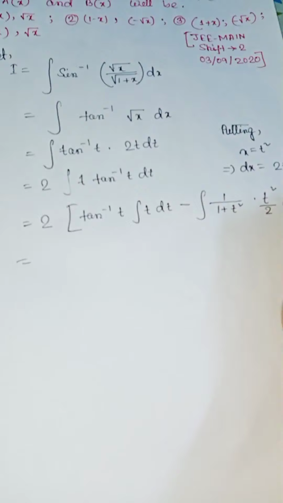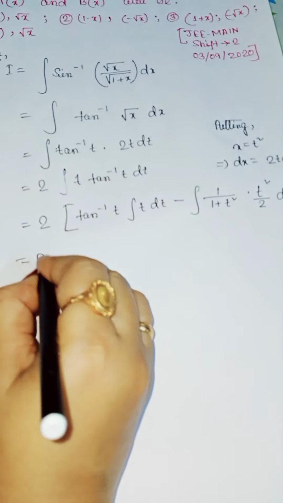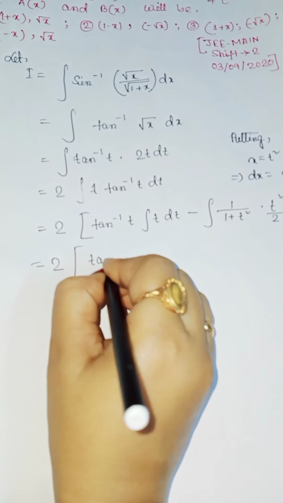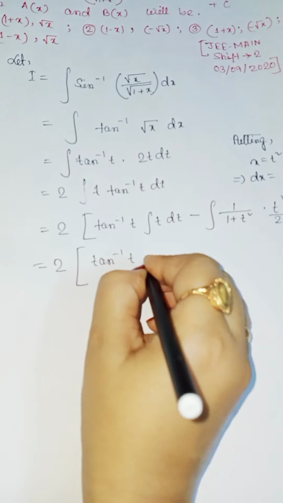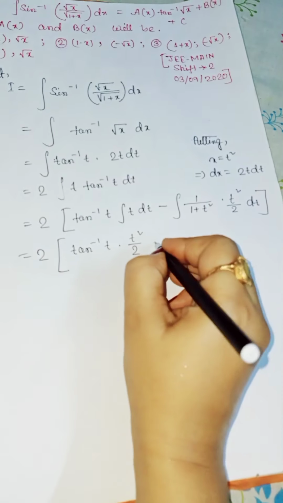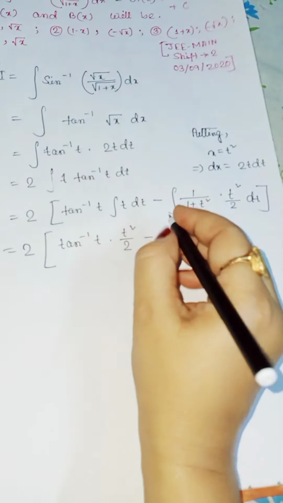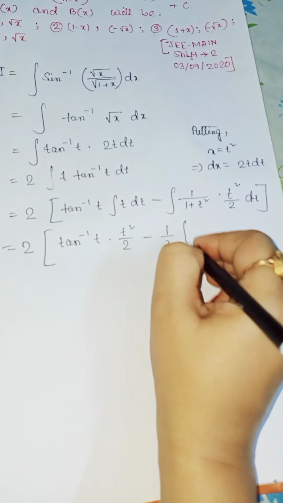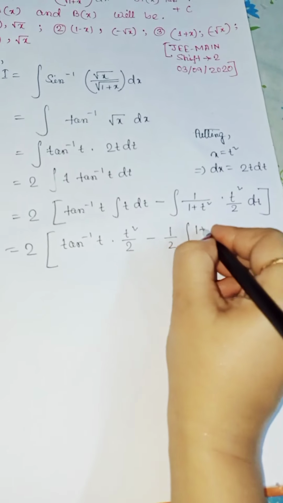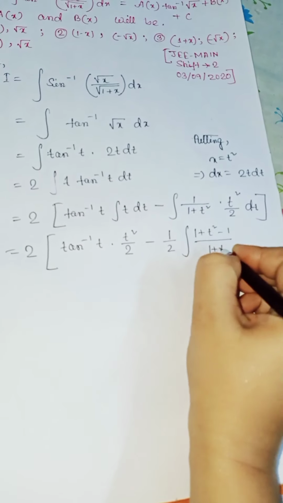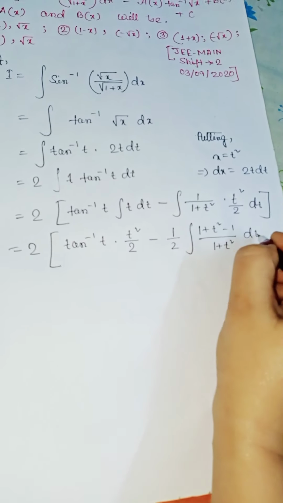So 2 is common here and it becomes tan inverse t into t square by 2 minus, half is common here, and we write 1 plus t square minus 1 divided by 1 plus t square into dt.